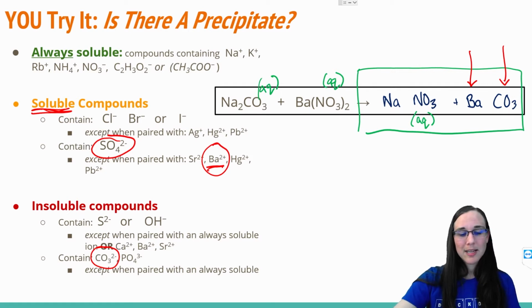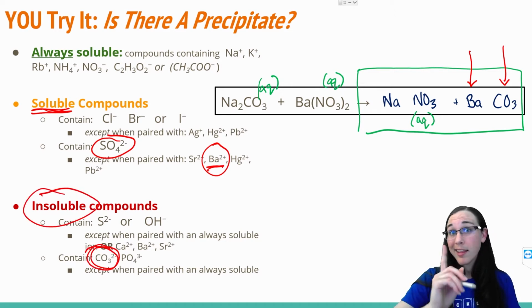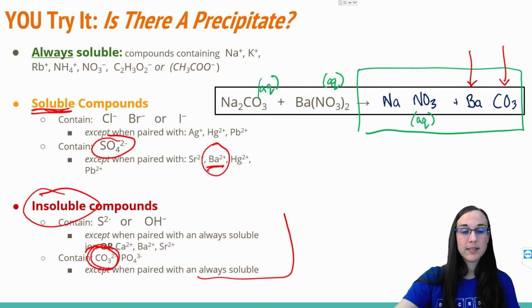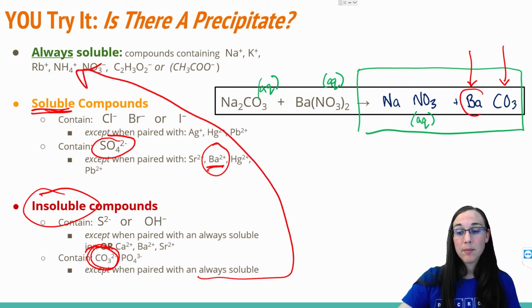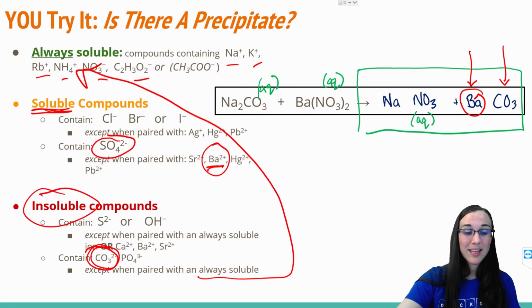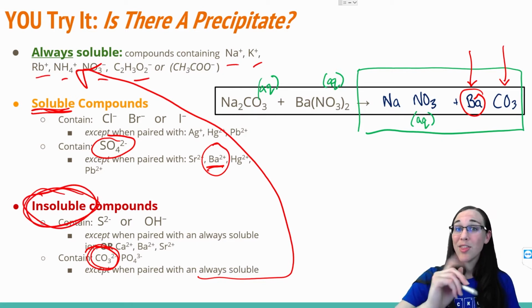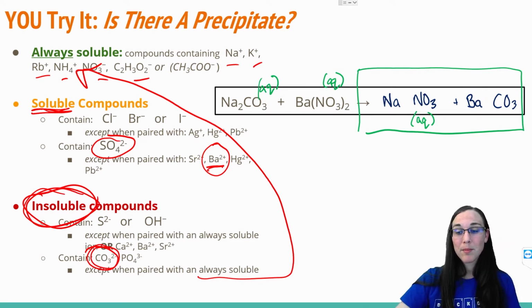How about the carbonate aspect? We look down at carbonate and we see that that would be insoluble unless it happened to be paired with an always soluble. Since barium is not one of the items on our always soluble list, we know that carbonate itself is an insoluble compound. Therefore, we can say that barium carbonate would be our solid precipitate product.